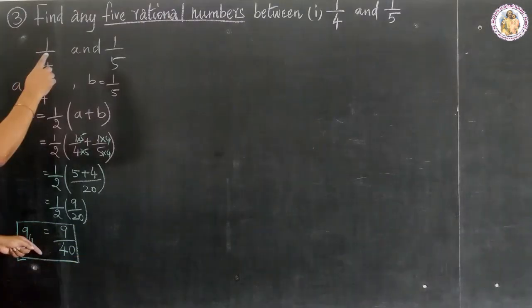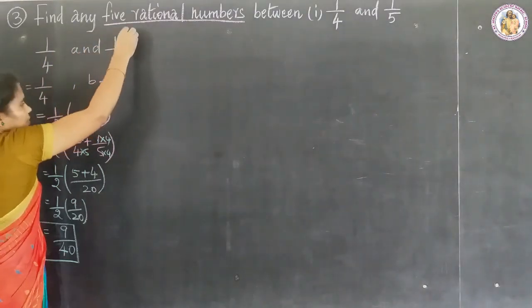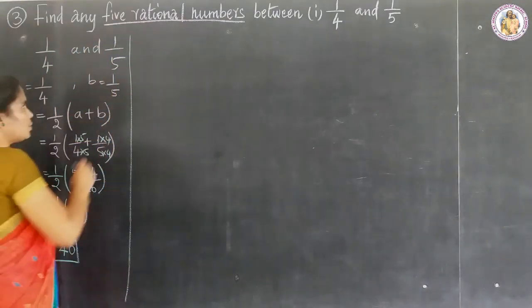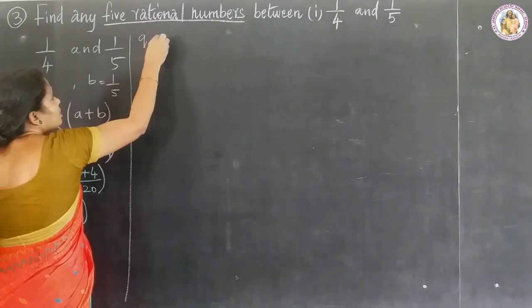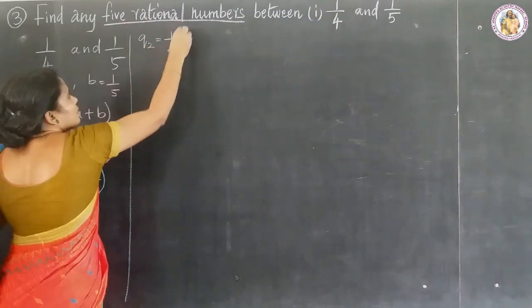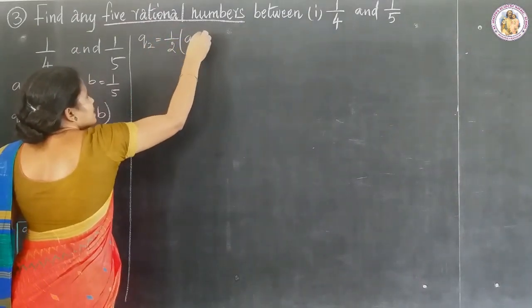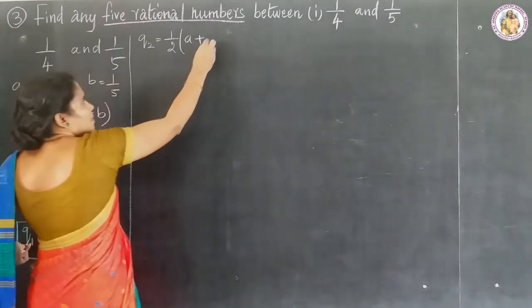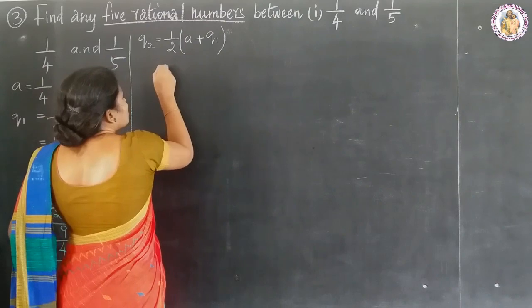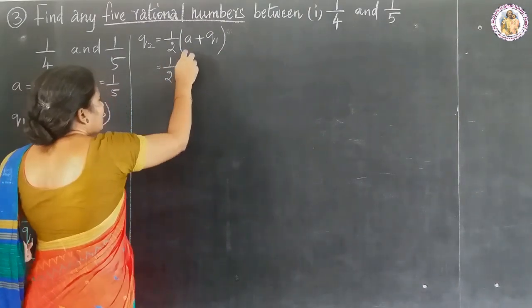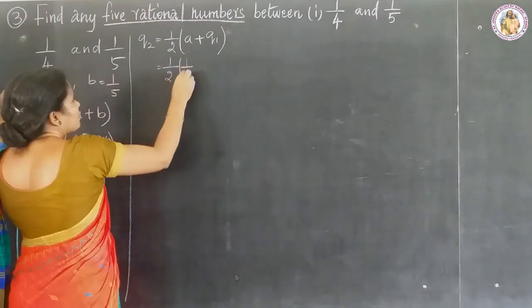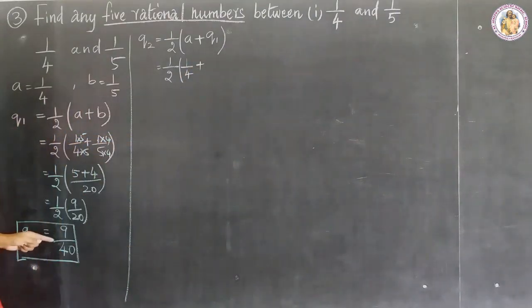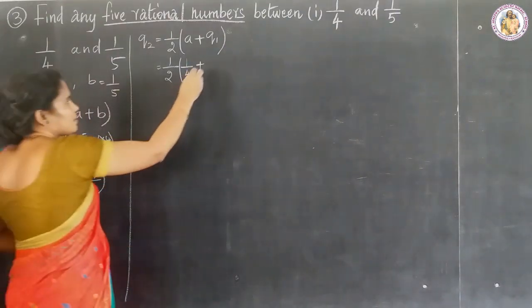So we are asked to find 5 rational numbers. So again, to find Q2, that is rational number 2, 1 by 2 A plus Q1. So 1 by 2 A, that is 1 by 4, plus Q1, 9 by 40.